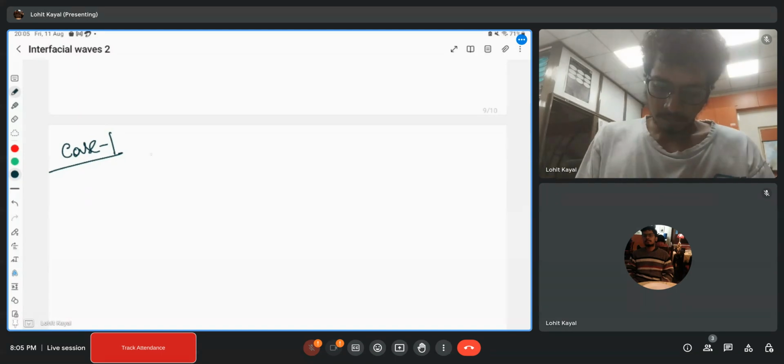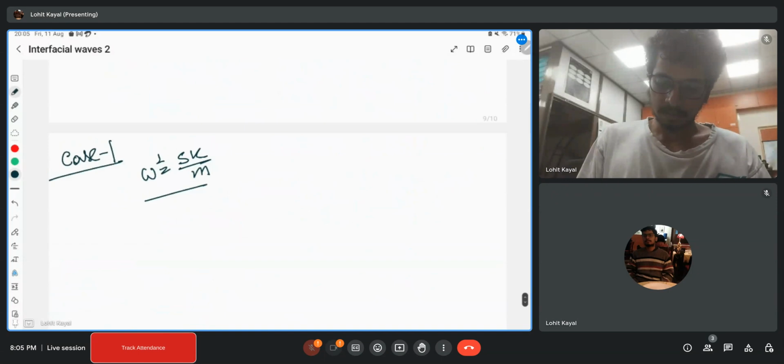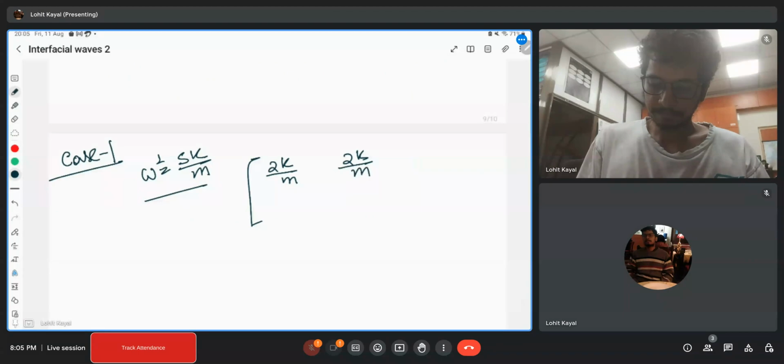Now, case one is omega square equal to 5k by m. Now you substitute this in the equation. What will happen? You will get an equation of the form 2k by m, 2k by m.